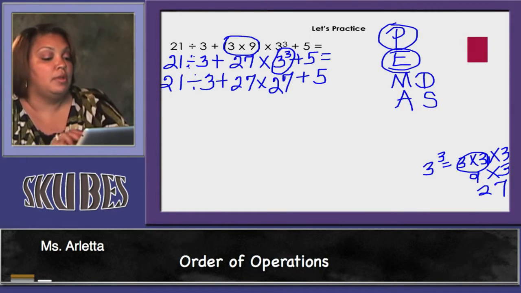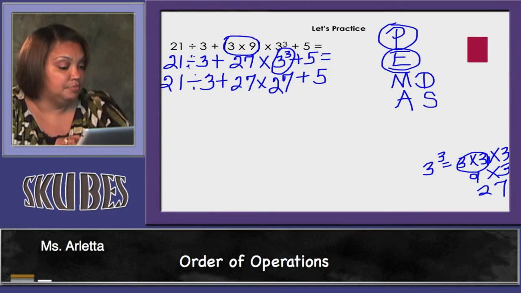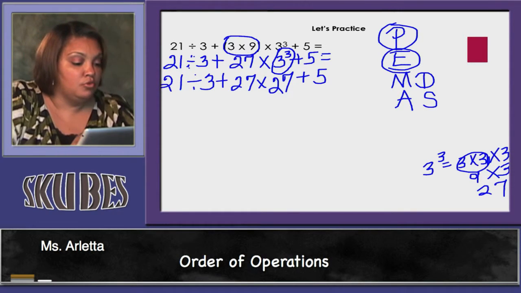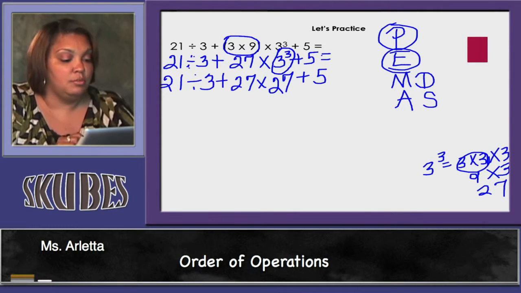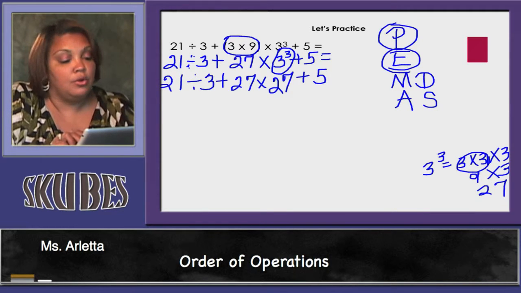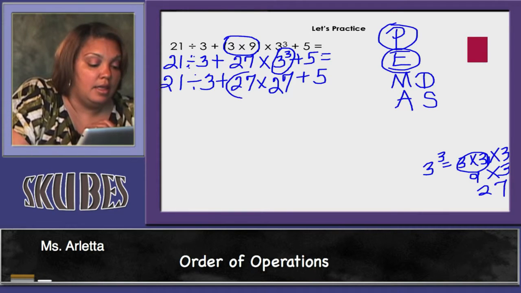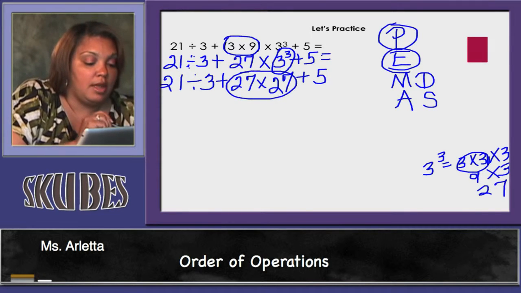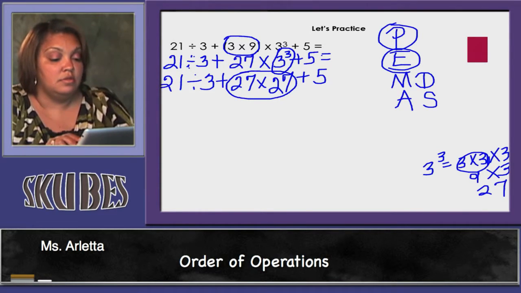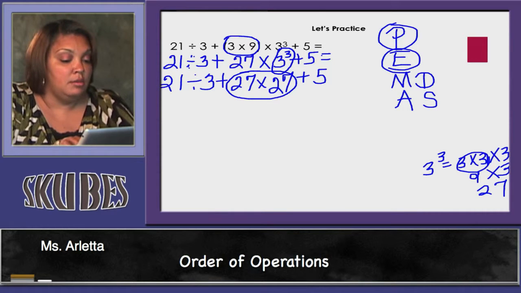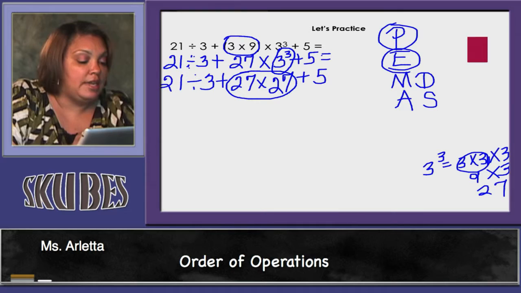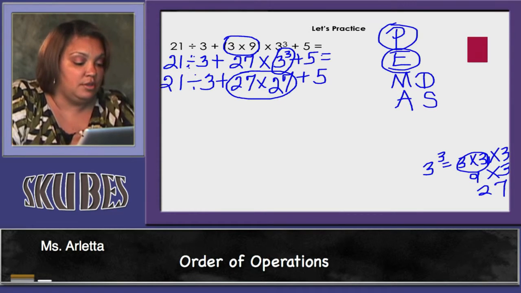Now we're looking for multiplying or dividing. I do see a multiplication symbol and a division symbol, but right here we are going to multiply. The reason we're multiplying first is because the M comes before the D and it's not directly next to the division symbol.